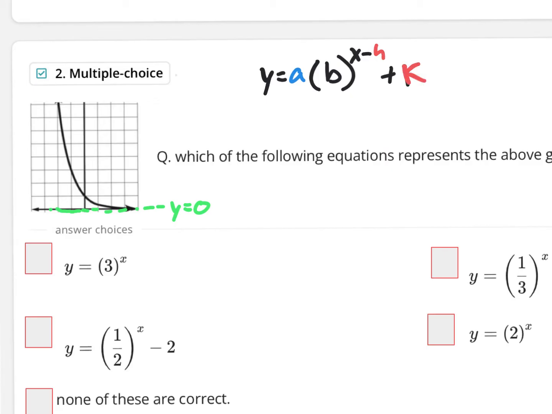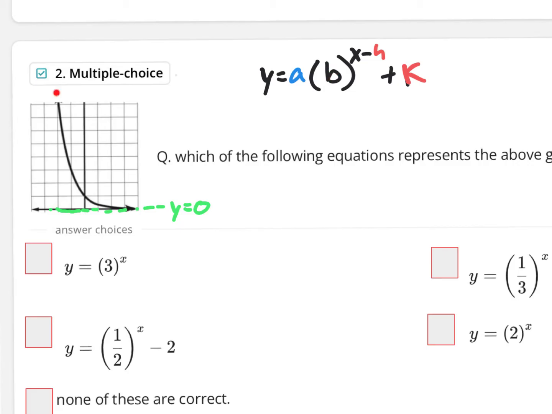And we should know from all the other graphing we've ever done, a, if it's negative, it causes a reflection over the x-axis. It also tells you if it's a vertical stretch or vertical compression, based on if the a value is greater than 1 or between 0 and 1, right? And the b value is what determines if it's a growth or decay function. This is called the growth or the decay factor.